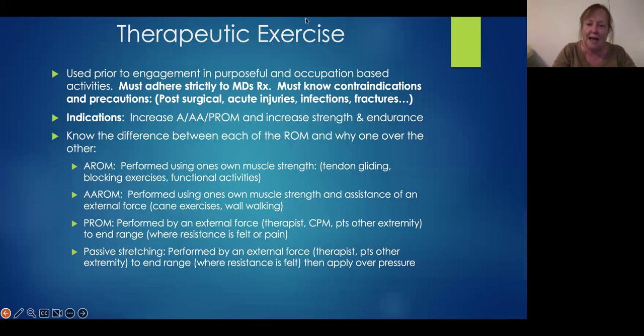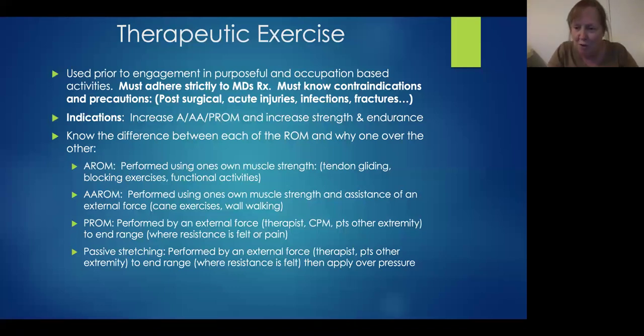Sometimes a doctor will say active assist, but commonly it's passive range of motion. And that is, they do not want the patient's muscles contracting. So you have to make sure that the patient understands when you start to move them, they are not to help you, that it's pure passive range of motion performed by an external force.